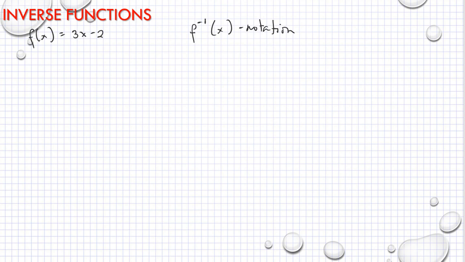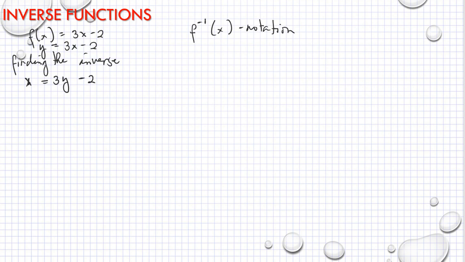Okay, so if we're going to find the inverse, if we're going to transform this, y is equal to 3x minus 2, then just interchange the x and y. So my y will become x, and my x will become y: x is equal to 3y minus 2.